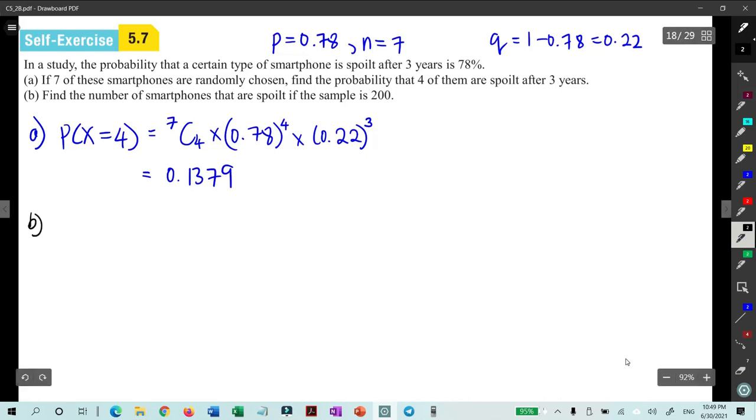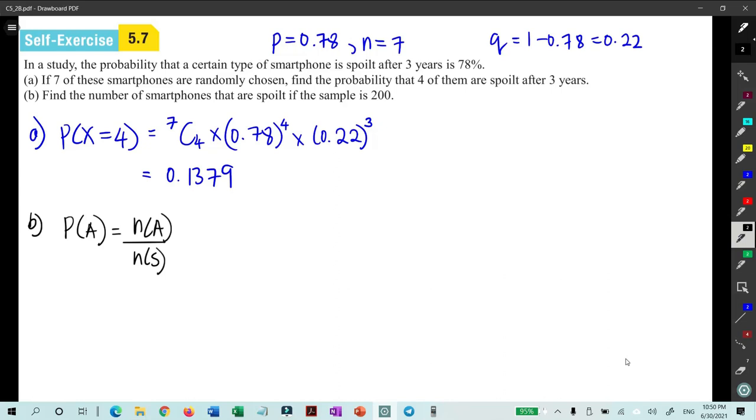So we know that P(A) is equal to n(A) divided by n(S). So the meaning of this formula is the probability of an event A is equal to the number of event A divided by the sample size. So in this case, the event is a smartphone is spoiled.